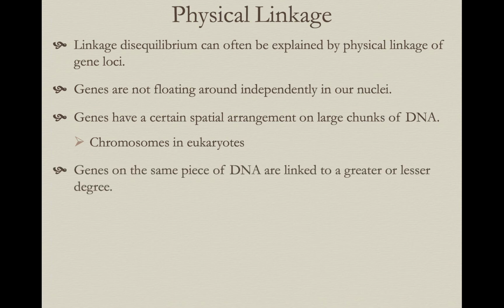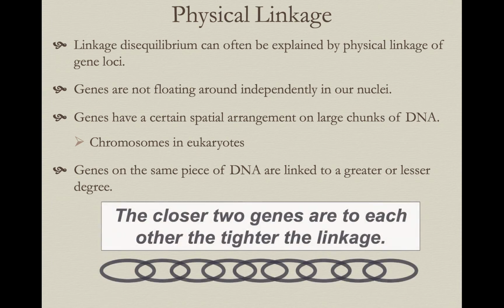And genes on the same chromosome are linked to each other to a greater or lesser degree, so that genes that are closer to each other, we say, are in tighter linkage. Genes that are closer to each other on the same chromosome, therefore, are likely to show a pattern of linkage disequilibrium.